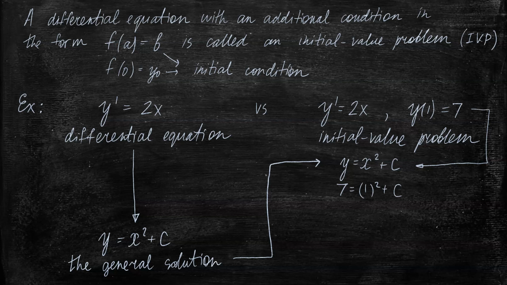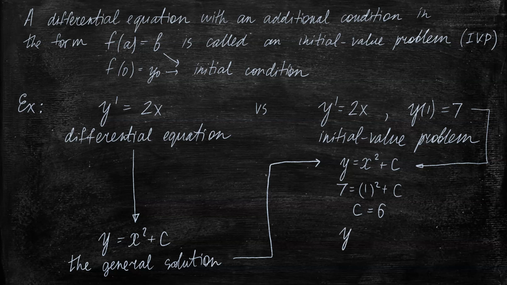But when you do that, this creates an equation in terms of this unknown constant c, which now becomes a parameter. So we can solve for c, and we can learn that this is only possible when c is equal to 6.